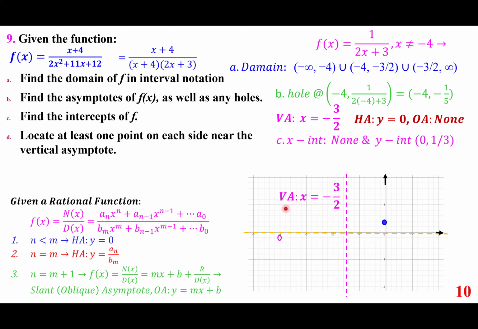Since we have 1, we have 2 subintervals. If we had 2, we would have 3 subintervals. So on the right side, we want 1. On the left side, we want 1. And we already have 1 on the right side. Remember, you're dealing with a rational function, and it has to go through this one. So it goes like that or like that, but not both.